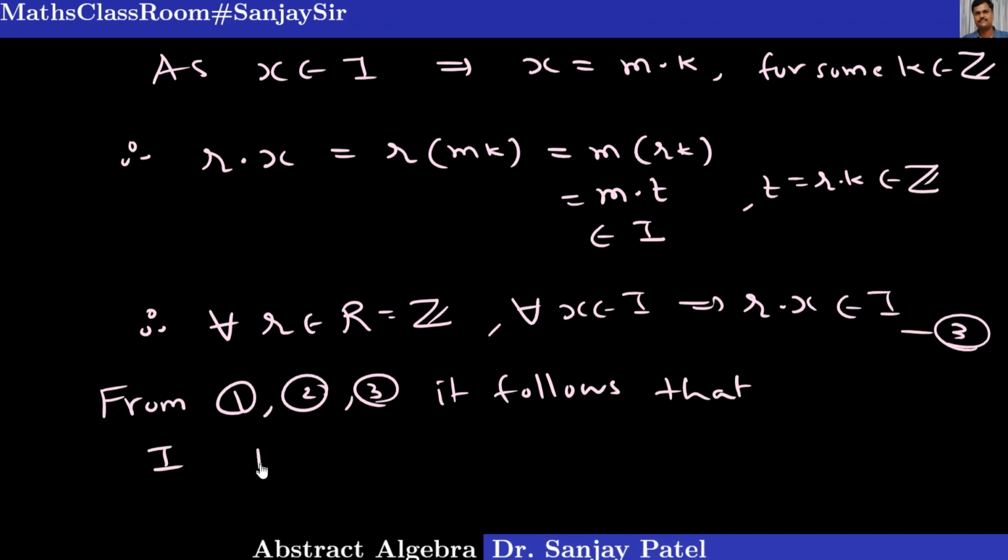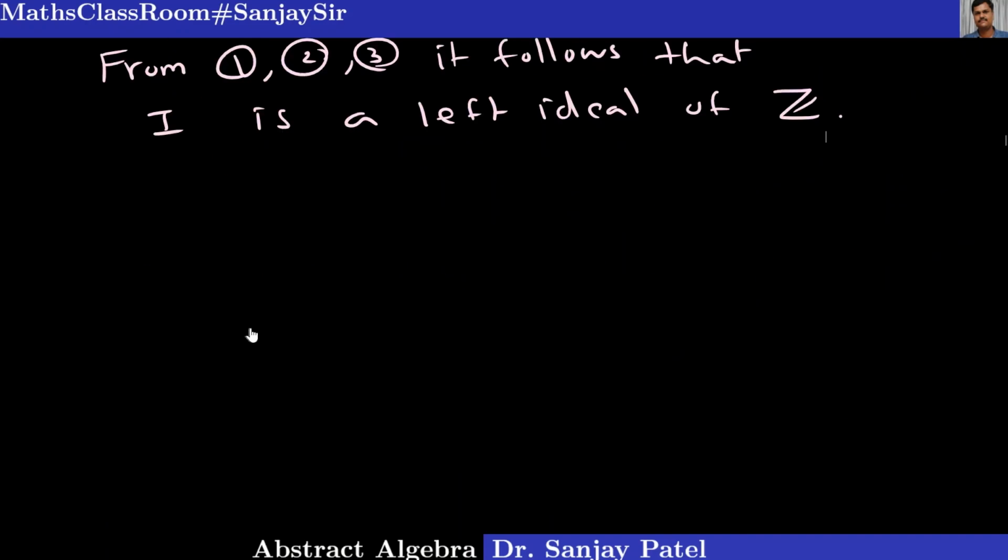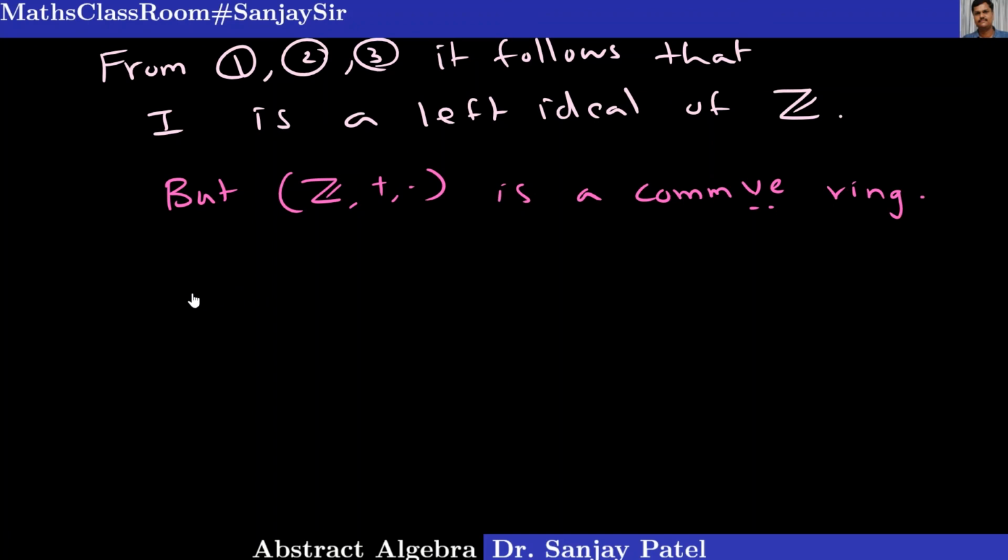capital I is a left ideal of the ring Z. But since Z plus dot is a commutative ring, meaning the multiplication is commutative, we can say that I is also a right ideal.